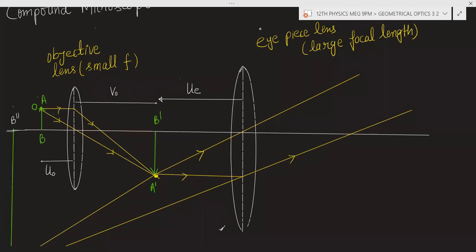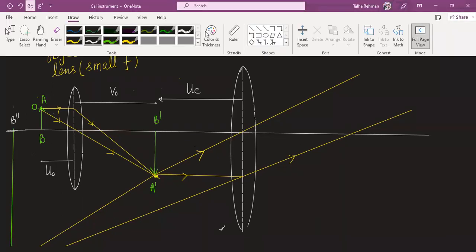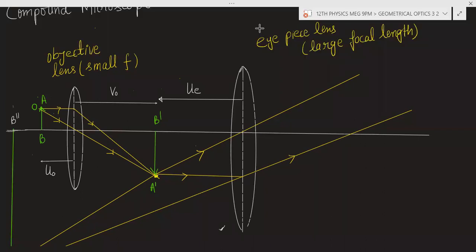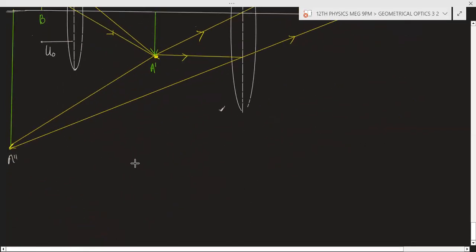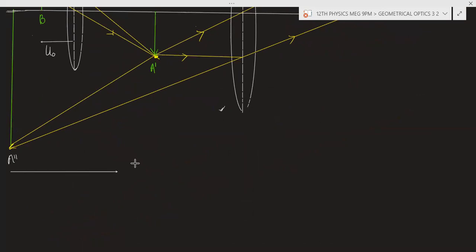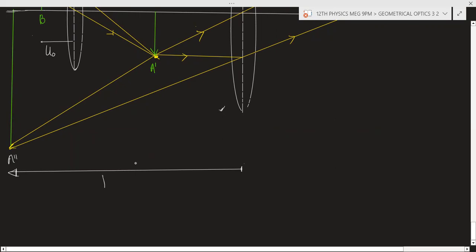And what is the image distance for the eye lens? The image distance for the eye lens will be this distance. This distance will be the image distance for the eye lens. VE.